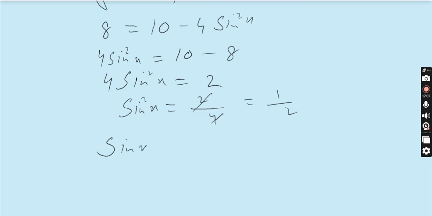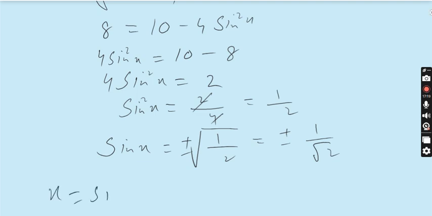Taking square root on the other side with plus minus sign, 1 square is 1 and root 2. So x equals sine inverse 1 upon root 2, and sine inverse 1 upon root 2 is pi upon 4.